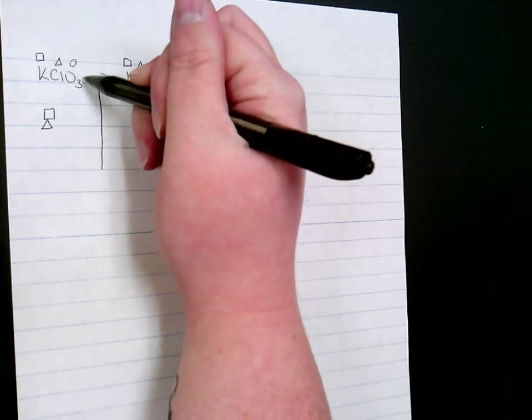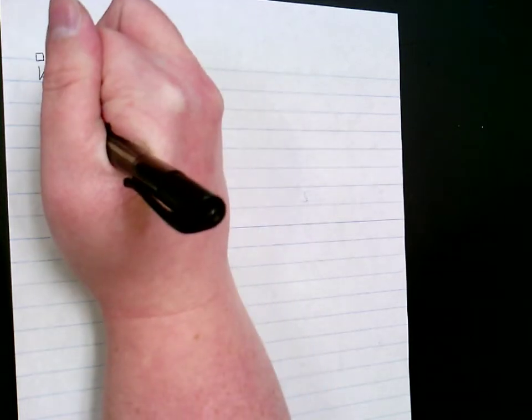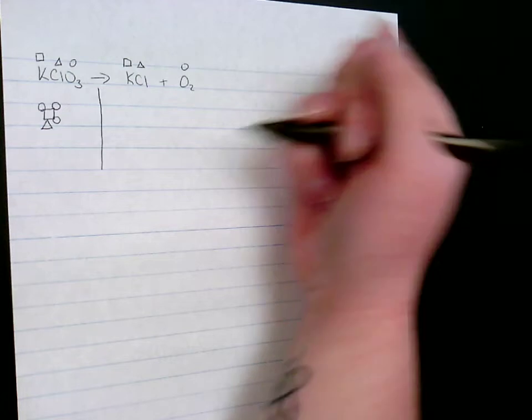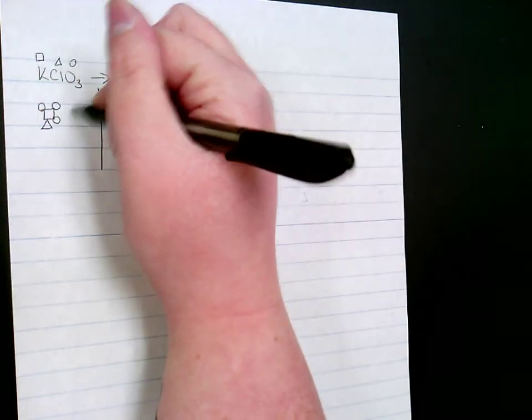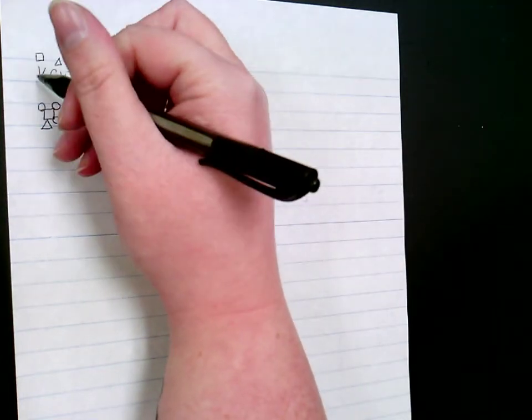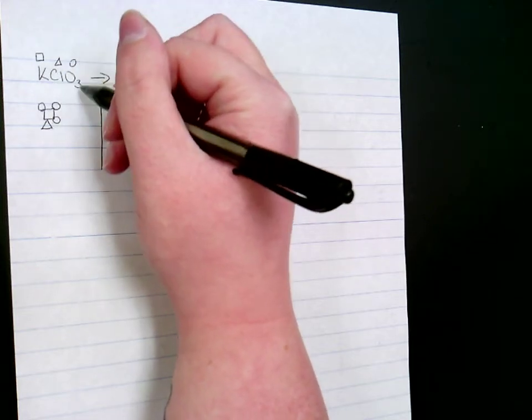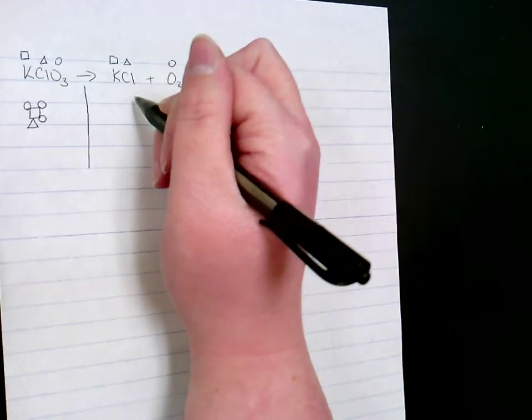And now I have three oxygens, so I'm going to draw three circles on my big conglomeration here, also touching. Okay. So this is going to represent this, with my one potassium, my one chlorine, and my three oxygens.